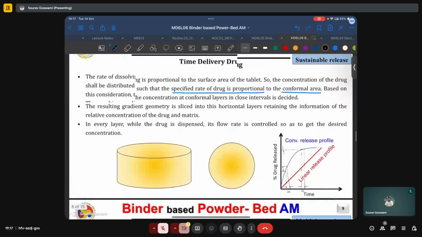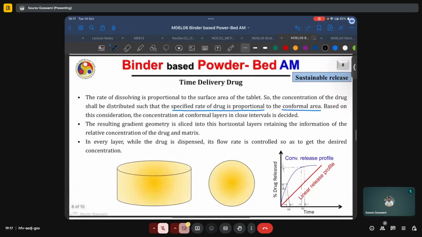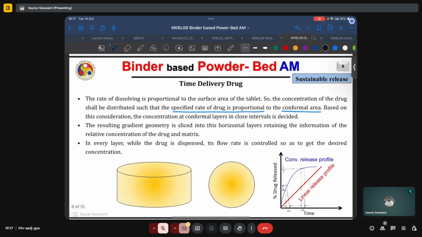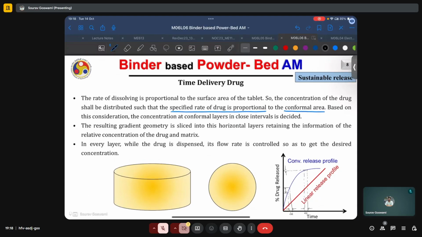And so, it is not the most optimum way to just distribute the drug concentration uniformly into the tablet. Rather, it may be more helpful if we have some measured or compositional profile.